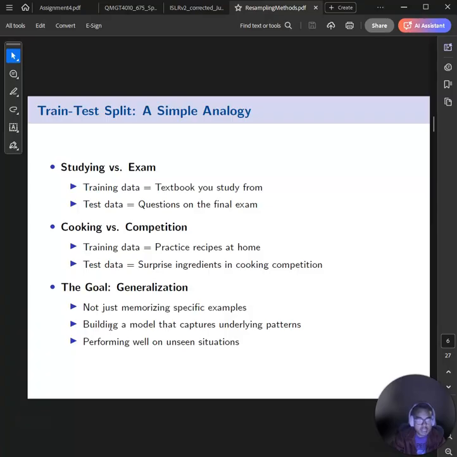We want models that capture the underlying patterns in the data and can perform well in situations that they haven't seen before. That is why we split our data into training and testing sets to simulate this real-world scenario where our model will eventually face new unseen data.